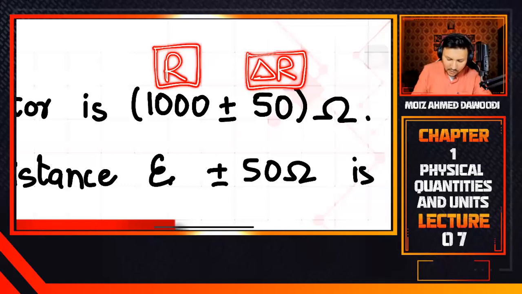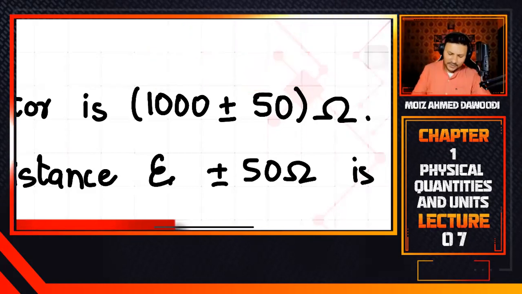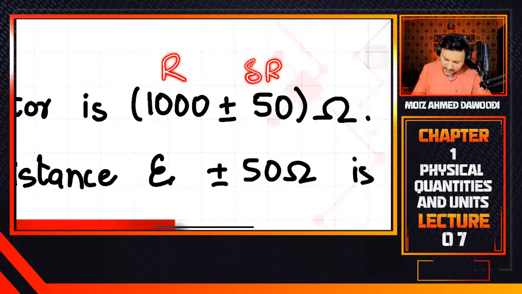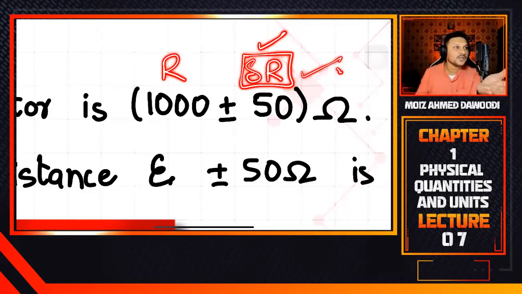This is the actual value of resistance. This is the uncertainty in resistance. Okay? I normally use this method to represent uncertainty. So here we are talking about resistance. The way to show the uncertainty in resistance is sigma R or uncertainty in R. Understood? Yes, sir. Cool.